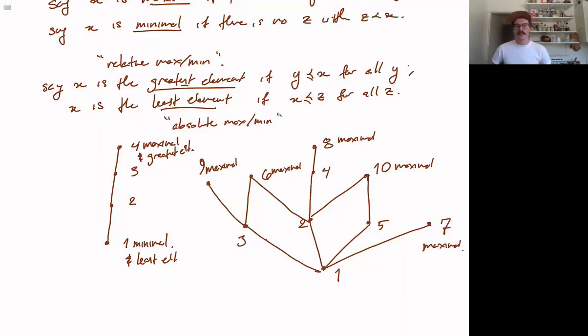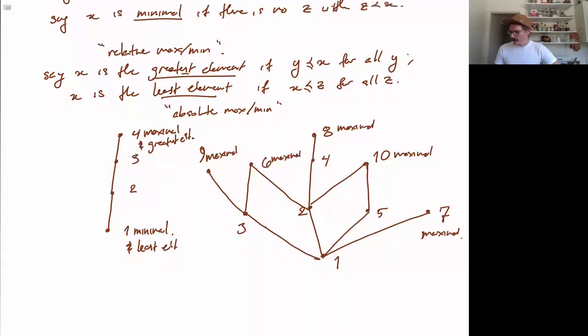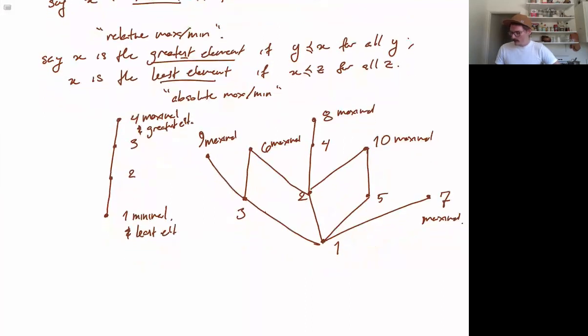These are just all the vertices that have no line coming upwards out of them, which is to say all the points that have nothing greater than them. But you can see also that in this case, there is no greatest element.